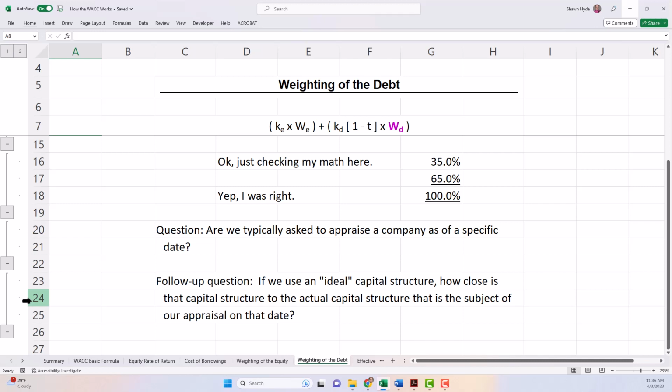Because if we look at whatever analysis we do to try to figure out what that percentage of debt to equity is for publicly traded companies, how close or how really comparable is that to the actual capital structure of the business that we have been asked to appraise as of our effective date? That's something to consider. It may not be very close. Are we appraising the subject business, or are we appraising some hypothetical construct that is a mixture of both the subject business and an accumulation of publicly traded company data? Something to keep in mind.